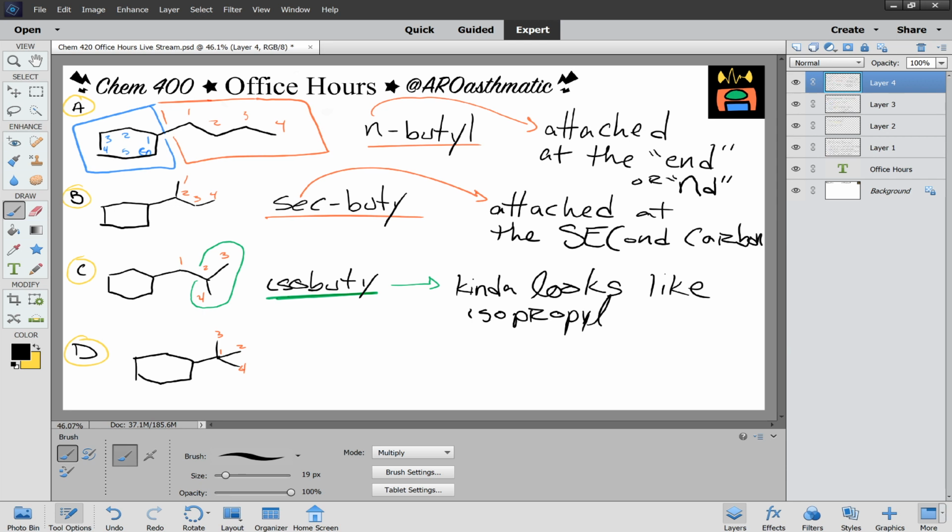And then the last guy is the infamous tert-butyl. So that's where isobutyl comes from. It is a 4-carbon chain, so it's a butyl. It kind of looks like iso. I don't know if that's why they named it that, but they did, and that's how I remember it. Does that make sense? Hopefully that clears things up.